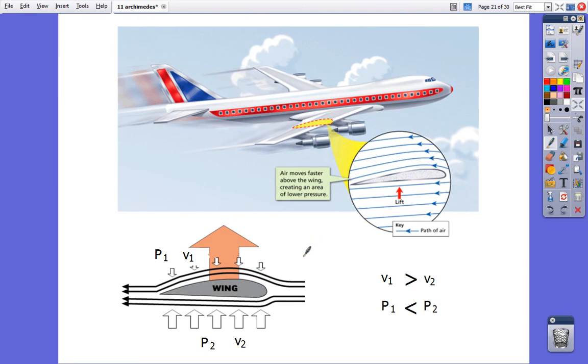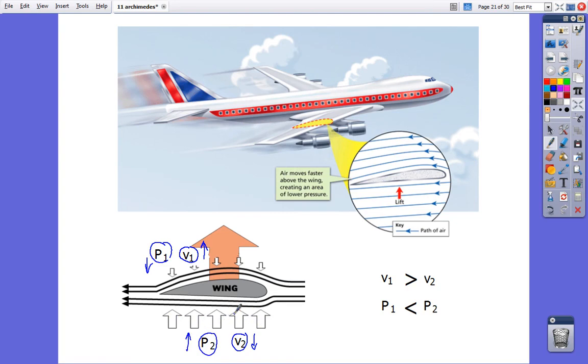So here, let's say the air is flowing through the wings like this picture, the velocity at the top will be higher because the distance traveled by the air will also be longer. In that case, the velocity here becomes greater, so the pressure will become lower, as shown with this little arrow. While at the bottom, the velocity is lower, so the pressure will be bigger. So it is shown by this bigger arrow.